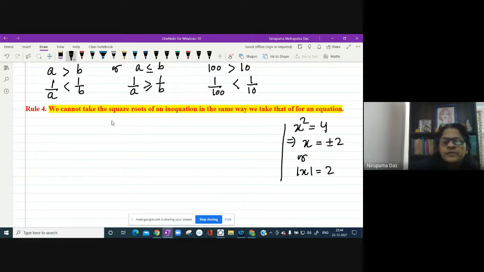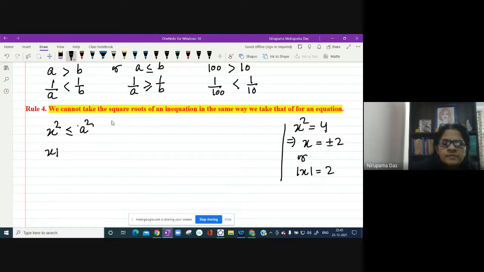But what happens when we take inequation? Suppose I write here x square is less than equal to 4. Okay, so it means, or let me just take any variable here. I mean, yes, x square less than equal to a square. Okay, now if I take square root, what will happen?